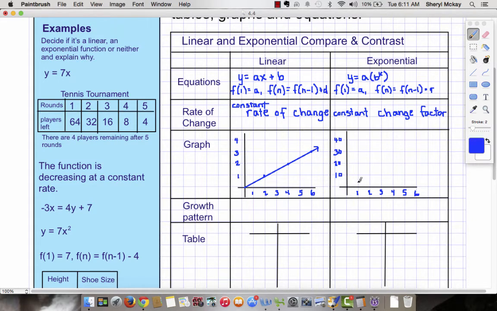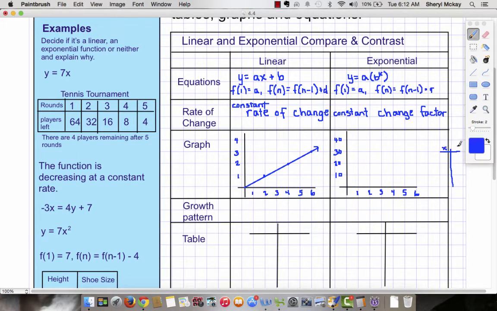Okay, let's just assume that our function looks something like this.